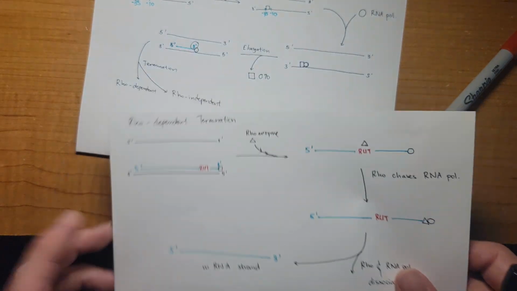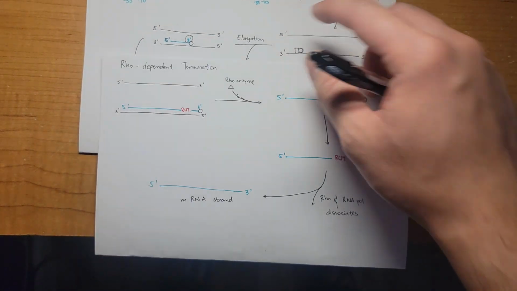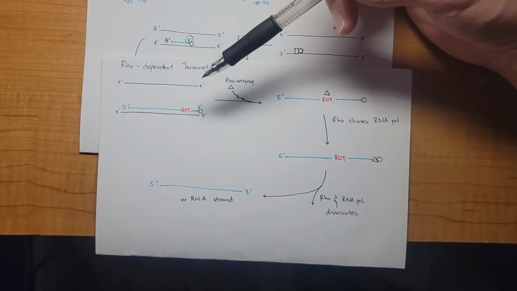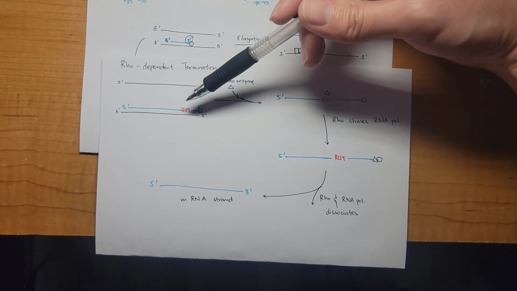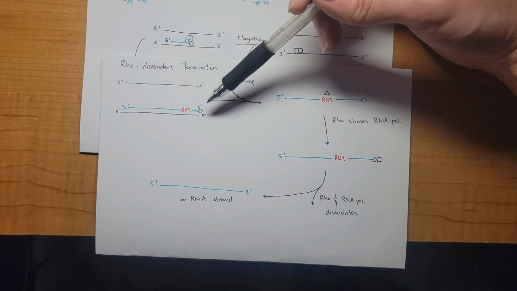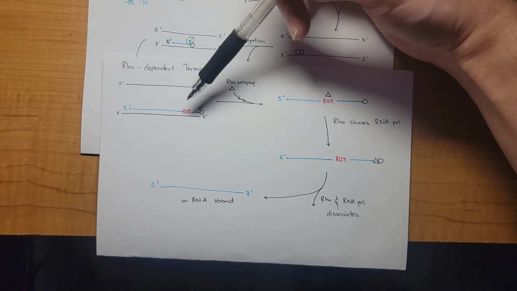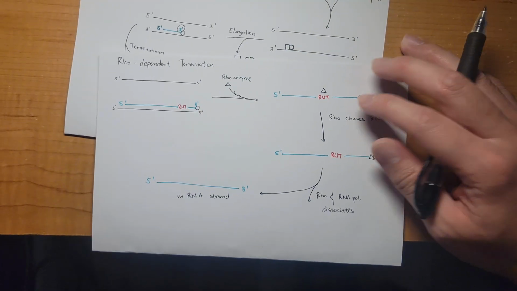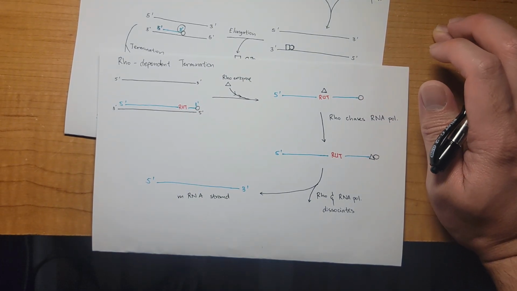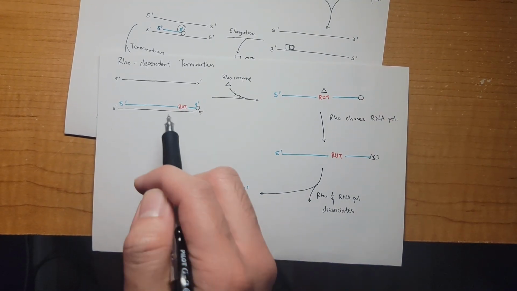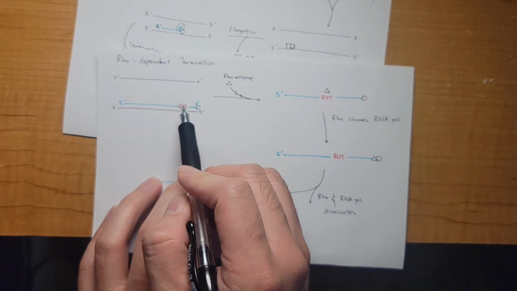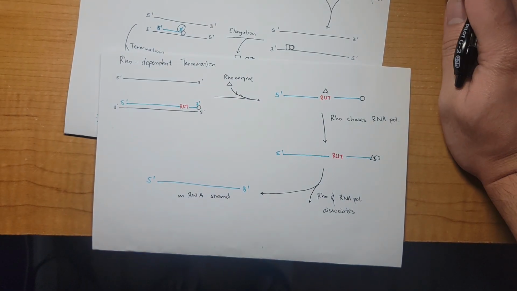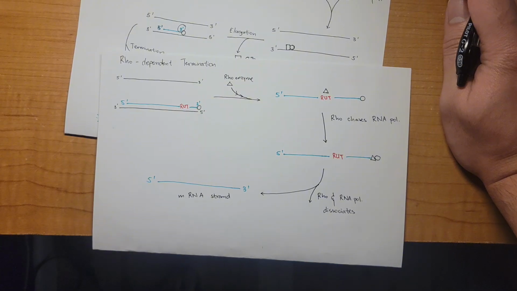Let's say during elongation, when the RNA polymerase is elongating the strand, this is for rho-dependent termination. There's a sequence called the rut sequence. It's not a separate thing, just part of the mRNA, but I write it in red to make it more specific.